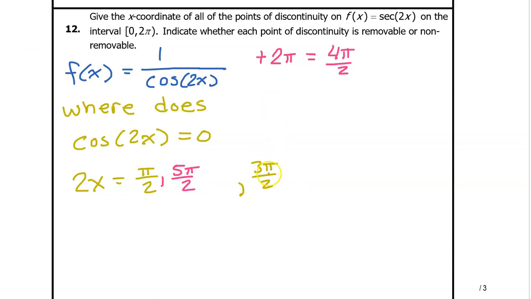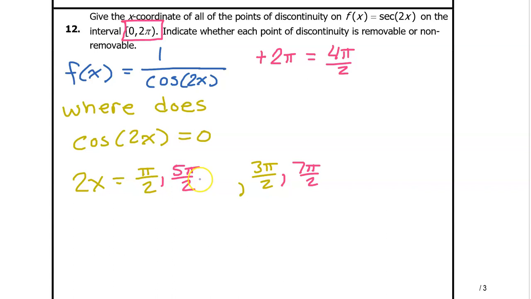Similarly, if I add 2 pi to 3 pi over 2, I will get another solution. 3 pi over 2 plus 4 pi over 2 is 7 pi over 2. Because I don't know how many solutions will fit, I'm going to find one more solution just in case. I can always throw out the ones that land outside the interval later.